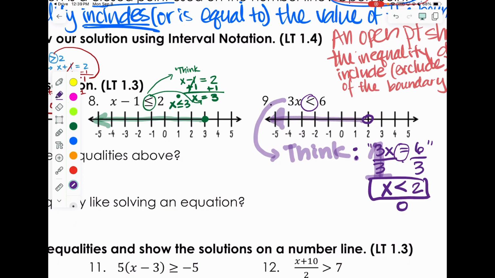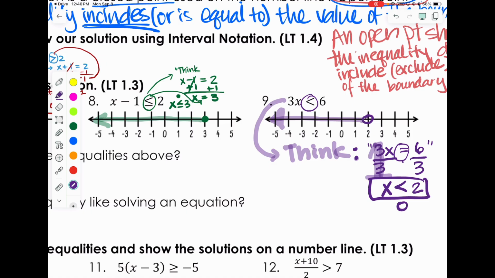There we go. Okay? Pick a number for x. It can be anything on this side, right? It can even be negative 10. Even though it's not shown here, can it be negative 10? Yes. Negative 50? Yes. Negative 100? Yes.